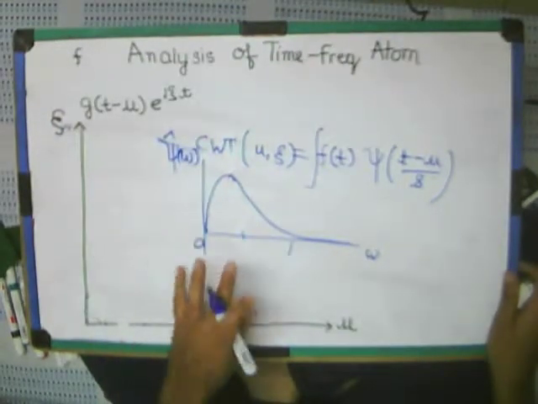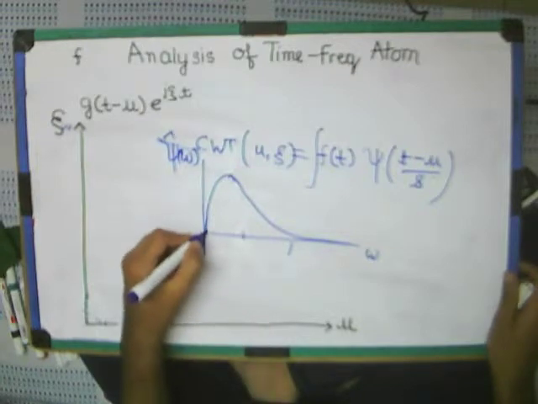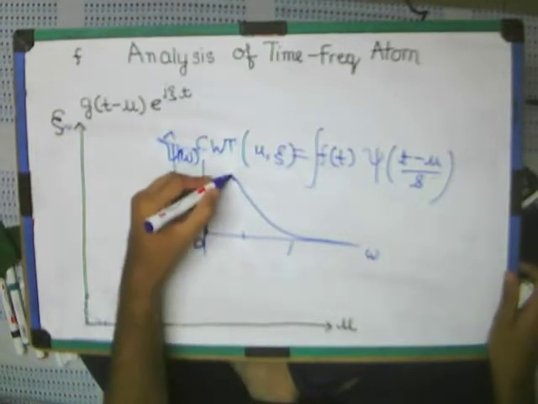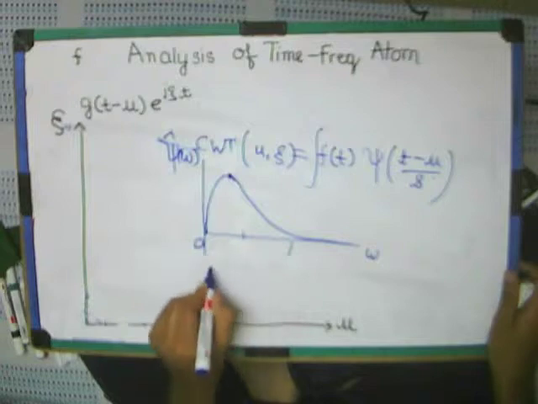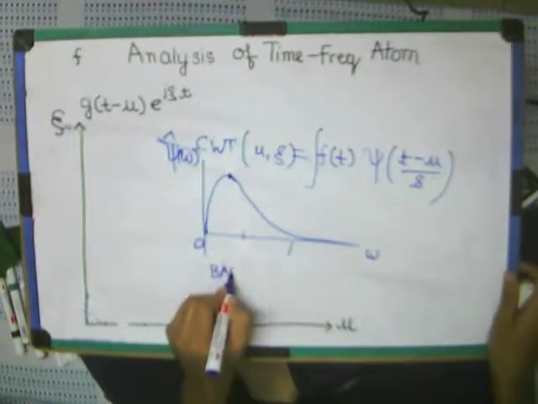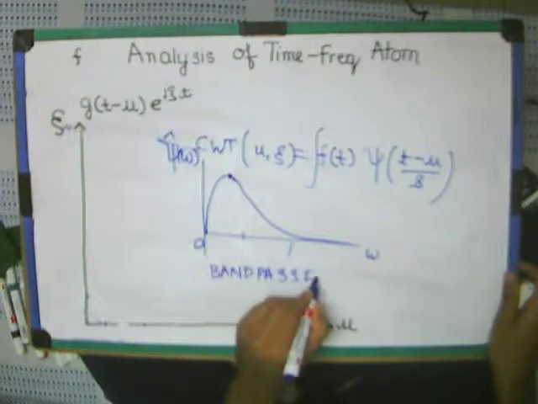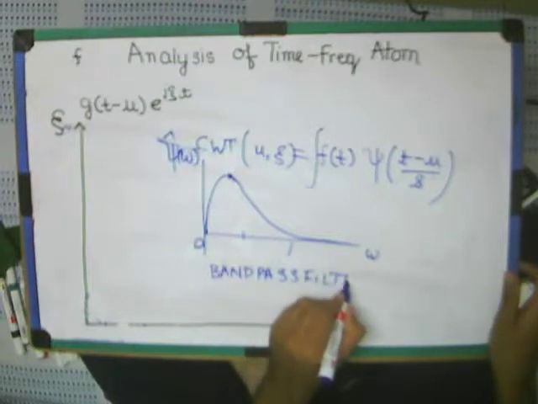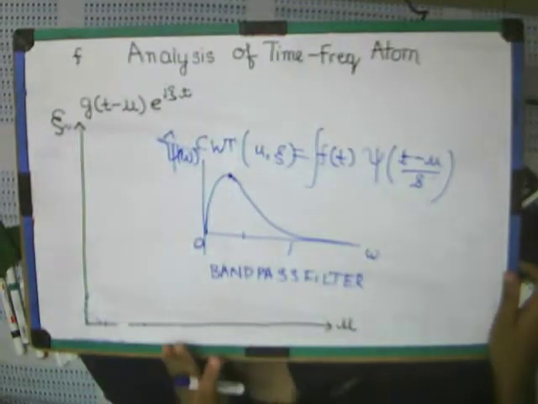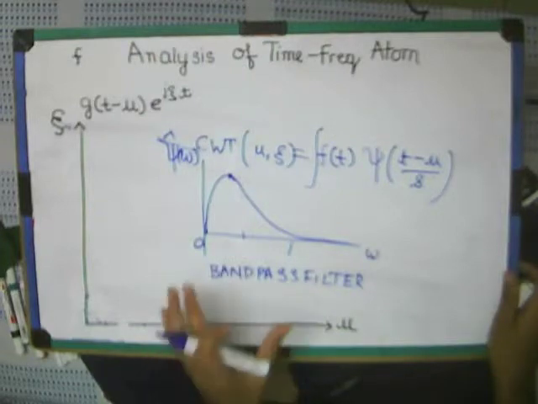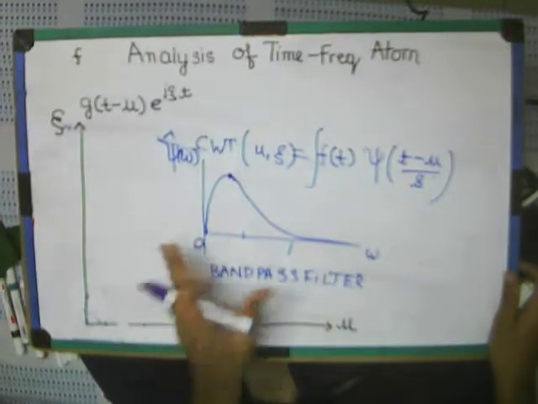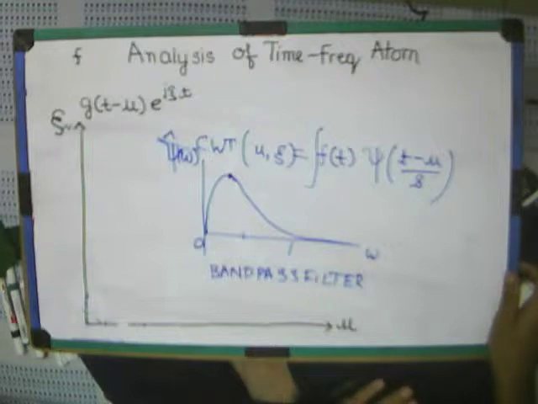That wavelet transform will be something like this, which will have some maximum. It will be some sort of a band pass filter. Why will it be a band pass filter? We will understand it, but for now just understand that it will be some sort of a band pass filter.